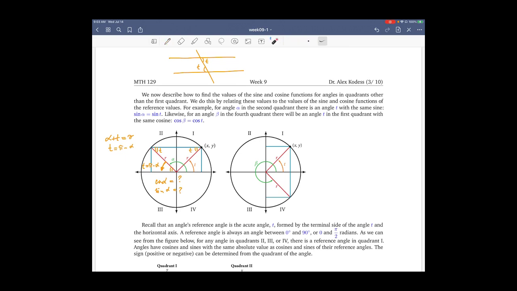And again, following the same logic, using the same property of parallel lines, because these lines are parallel, and this angle is t, we have that this angle is t. Now, what good is that? Well, because these two lines are parallel, this point has the same y-coordinate as this point.